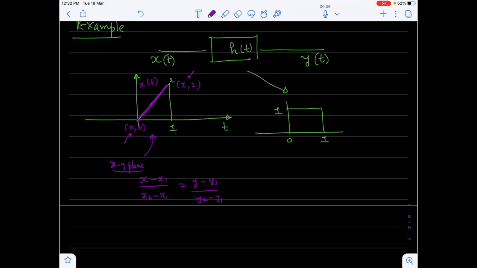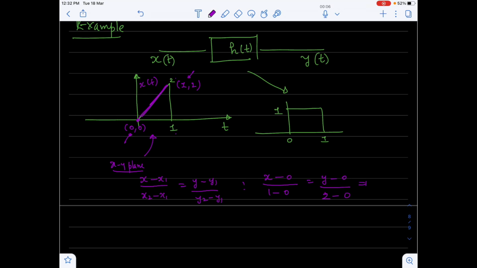So this is the situation. So you can get the equation as x minus x1 is 0 divided by x2 minus x1 is 1 minus 0 is equal to y minus y1 is 0 divided by y2 minus y1 is 2 minus 0, right?